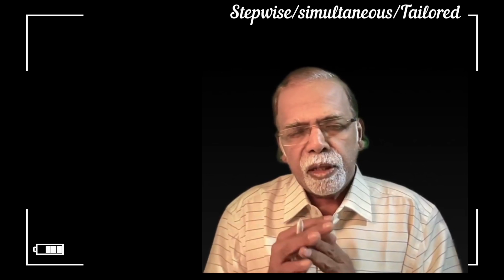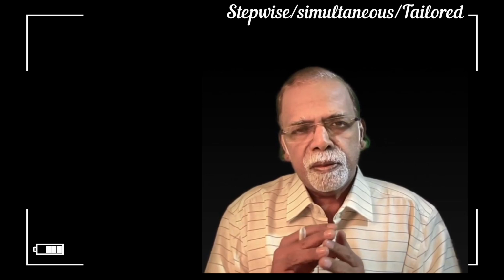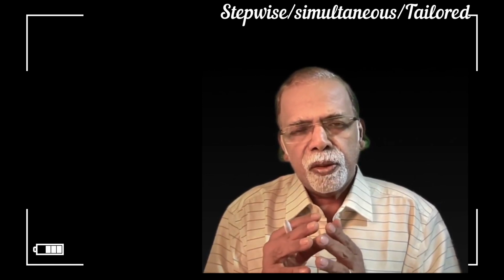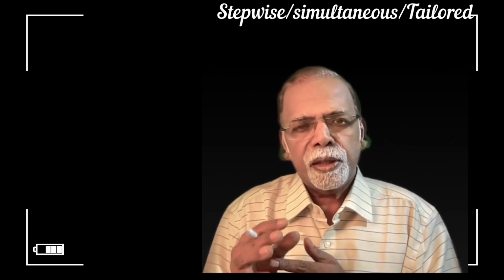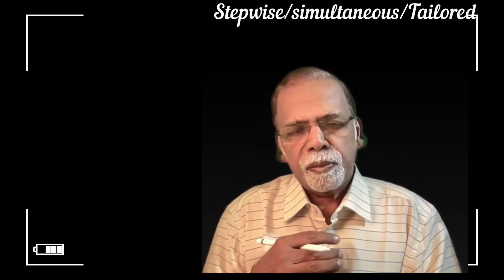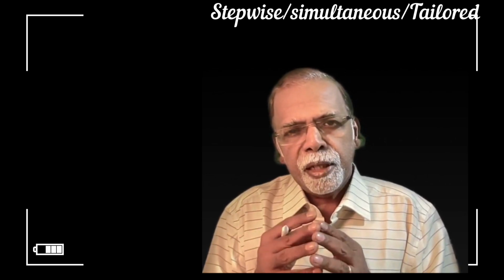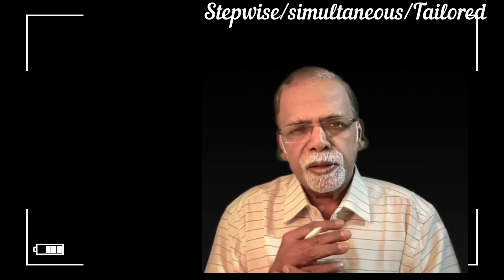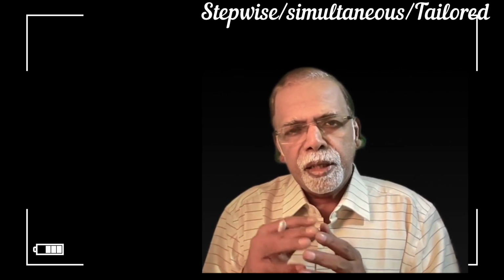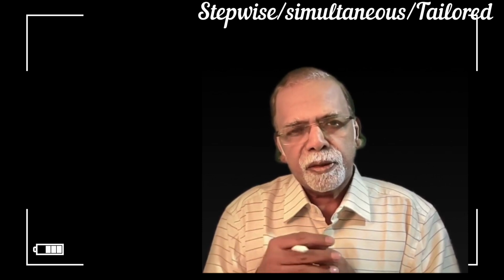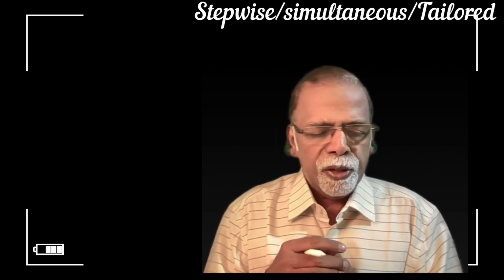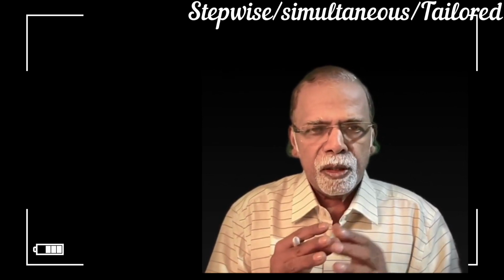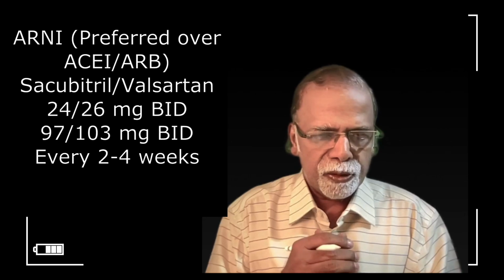One drug from each of the classes should be given, and the newer guideline says we can start all the drugs simultaneously and gradually titrate upwards. And many times, practically, sequential therapy, that is, one drug followed by the other, is added in a tailored manner depending upon the patient's status. Anyway, the drugs which are used are one drug from each of the classes.